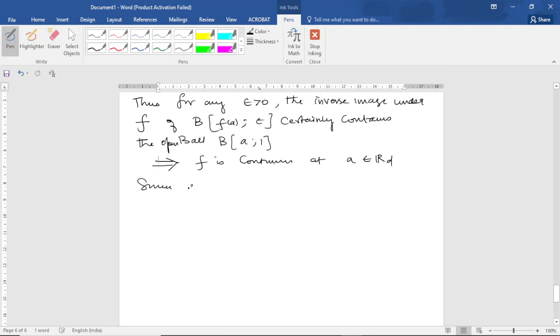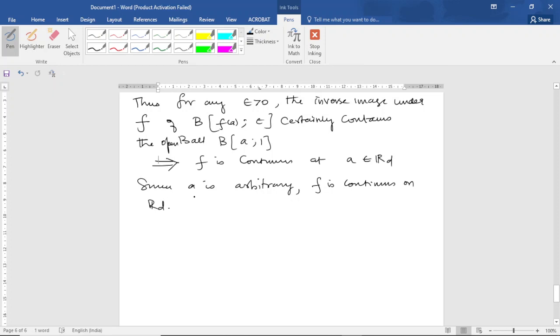Since A is arbitrary, we can say that F is continuous on every point of RD. Simply I can write it, F is continuous on RD. And F itself is a general function.